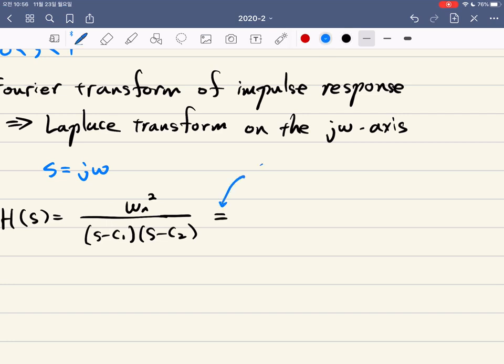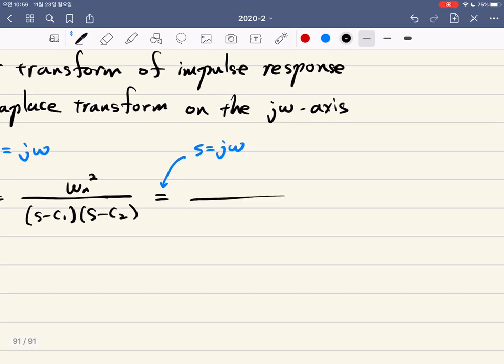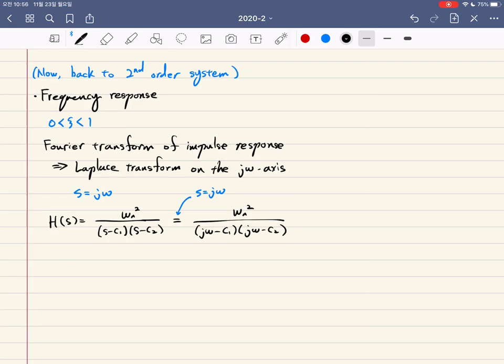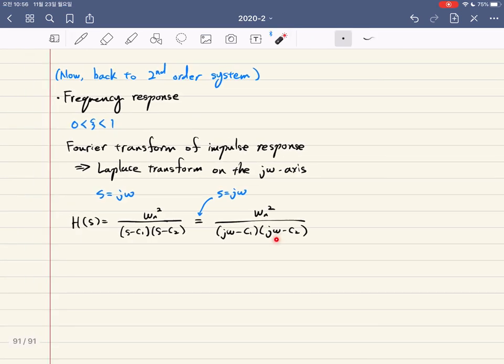I have to set S as j omega, which means it'll become omega n squared over (j omega minus c1) times (j omega minus c2). So this is the Fourier transform of our second order system. And do you remember that we have to consider not only magnitude but phase for your frequency response?